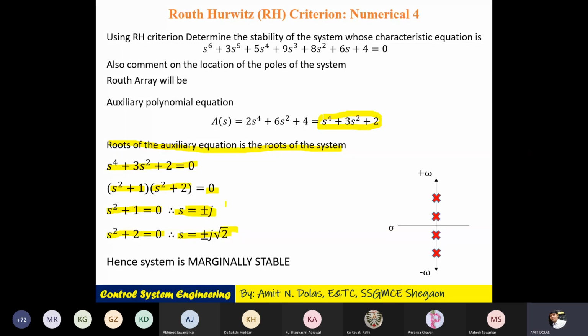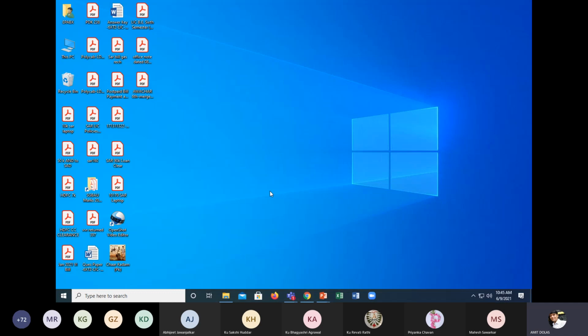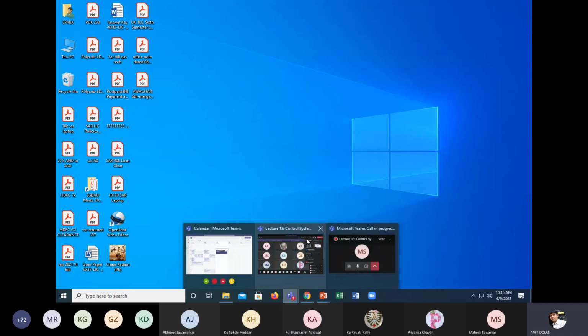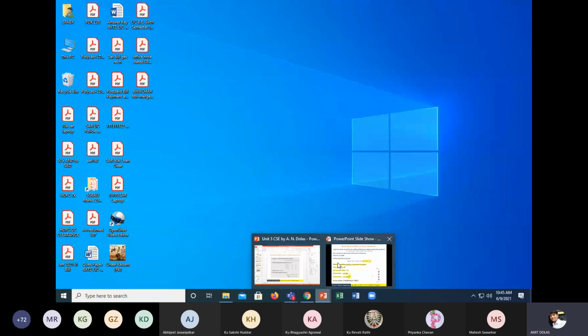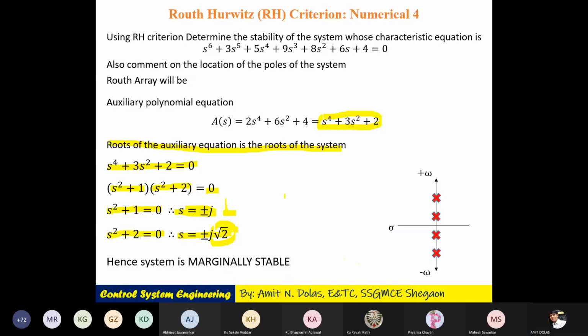Means ये j का कोएफिशिएंट यहाँ पे 1 है, यहाँ पे under root 2 है. कौन सा ग्रेटर है? 1 is greater or under root 2 is greater? Yes, I want answer from your side. Root 2 is greater, sir.